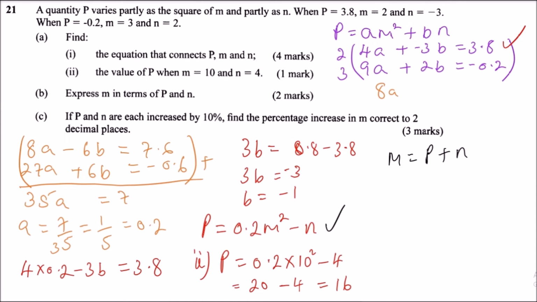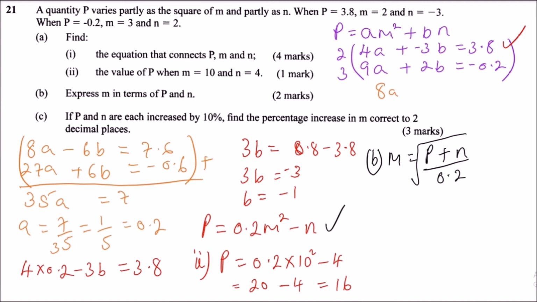We divide by 0.2, so we are left with m squared, and we take the square root of both sides. So m is equal to the square root of p plus n, all divided by 0.2.